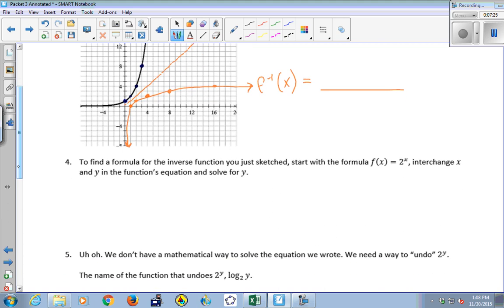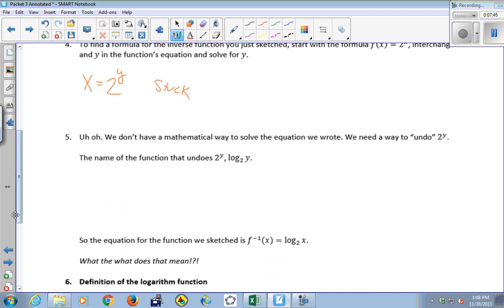To find a formula for the function we sketched, we take f of x equals 2 to the x, interchange x and y, and solve for y. So this is what we tried to do in our preview: x equals 2 to the y, and we get stuck trying to get the y by itself. So we don't have a mathematical way to solve this equation yet.